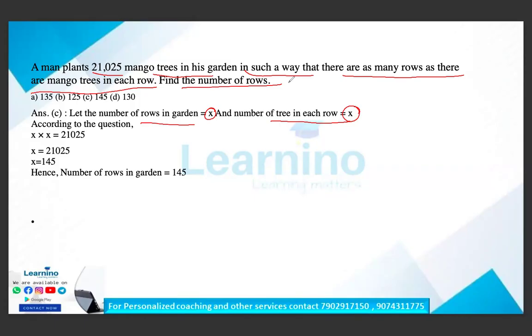According to the question, x into x equal to the mango trees planted. So x into x equals 21025, so x equal to 145. Hence the number of rows in the garden is 145.